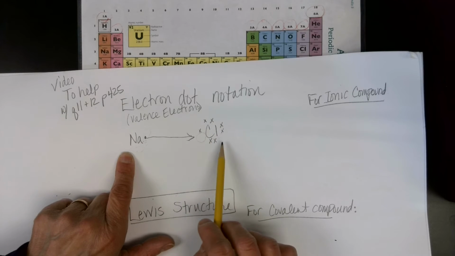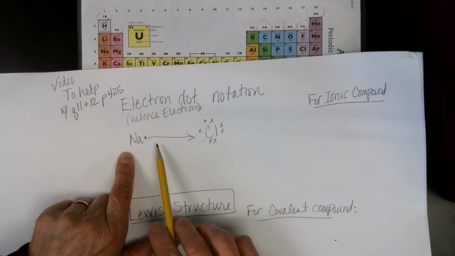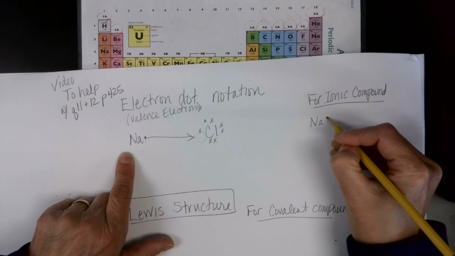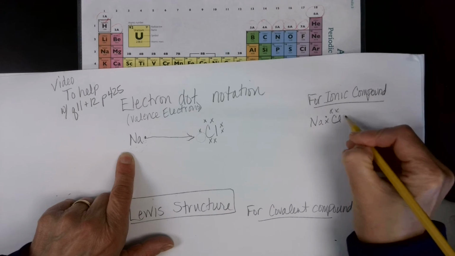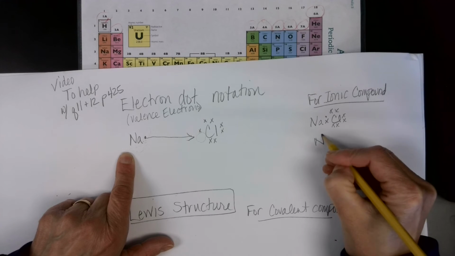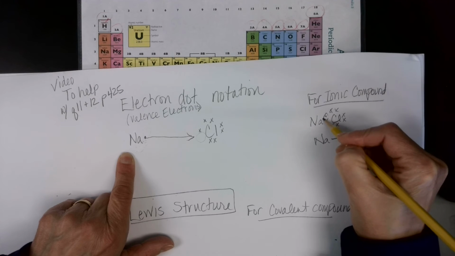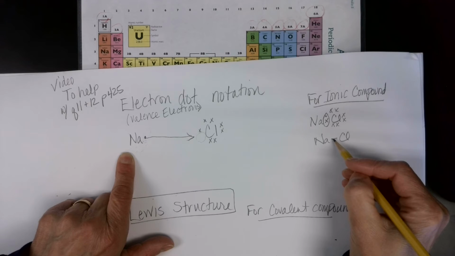And chlorine is going to love to take that excess valence electron, because now when these two combine together, we're going to see a combination here that's going to represent sodium chloride, or we could write it this way, these two elements are sharing one pair of electrons.